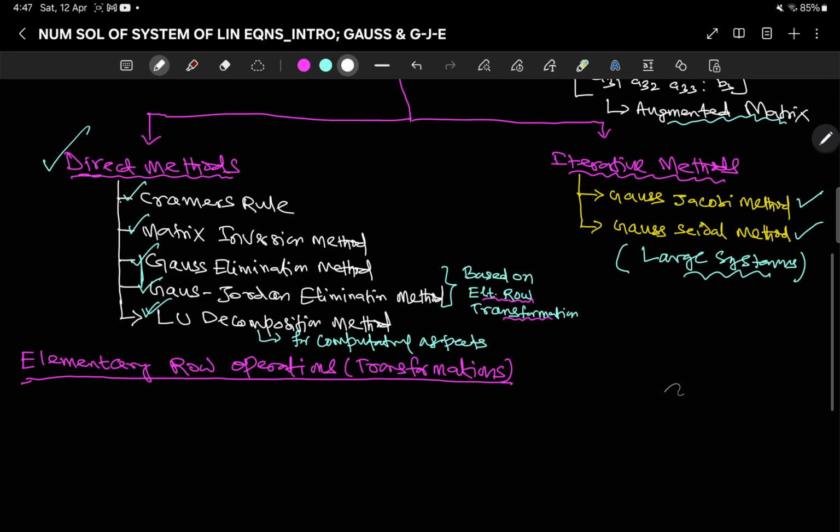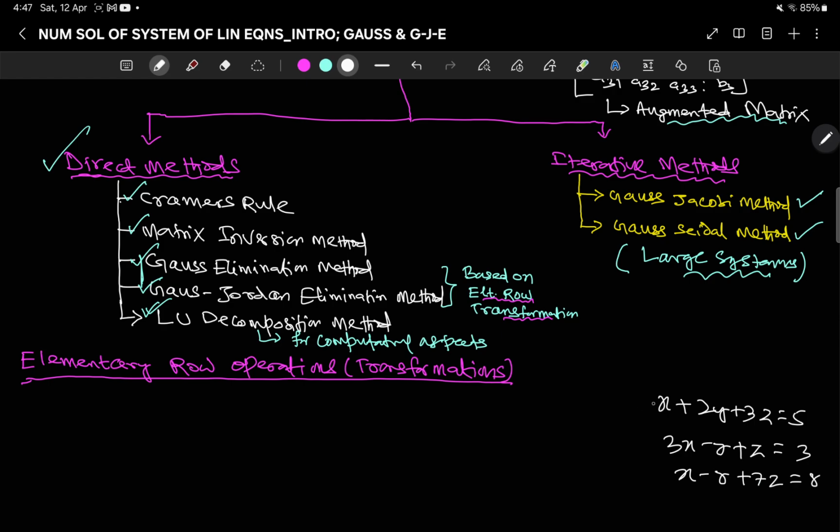Suppose you are given a system: x plus 2y plus 3z is equal to 5, 3x minus y plus z is equal to 3, x minus y plus 7z is equal to 8, say. Now this is a system, and you are asked to solve it. If I interchange any two rows, if I bring this row here and this row here, then no issue.